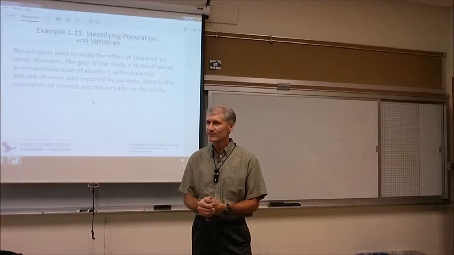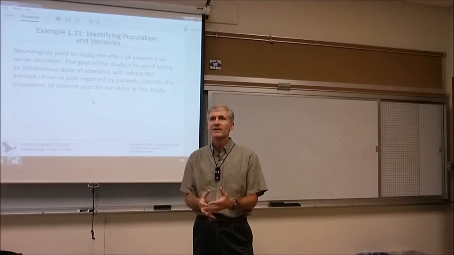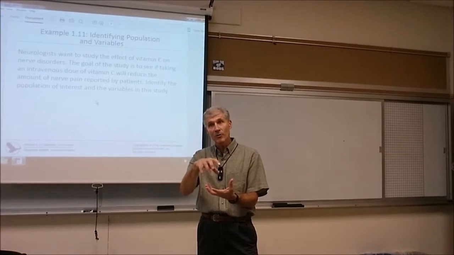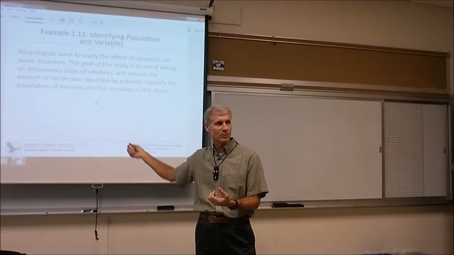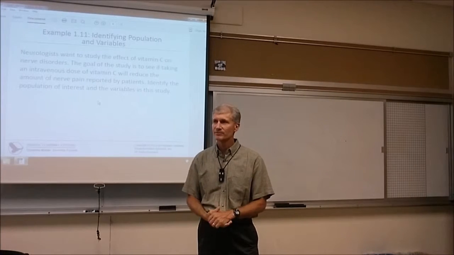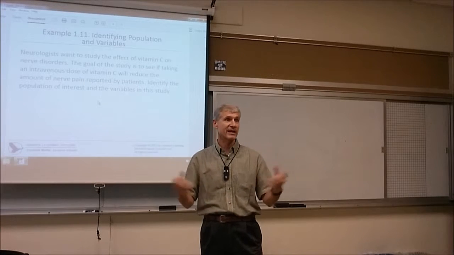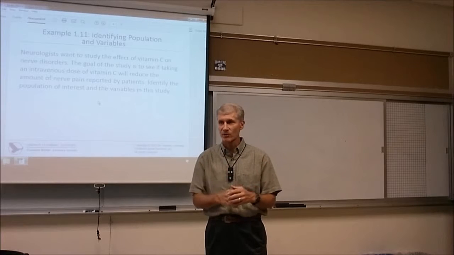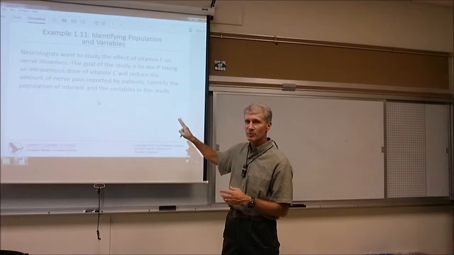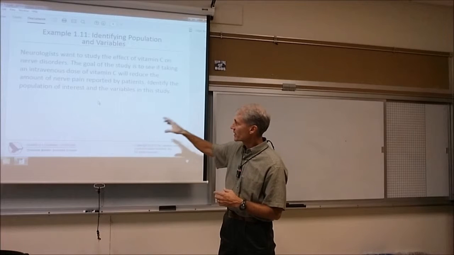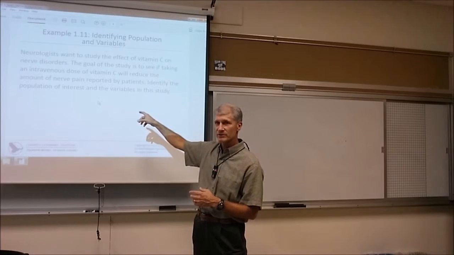Explanatory. What does that mean? To explain. It's a variable that we at least hope will explain how they respond. So what's our response variable? Nerve pain. We're going to have some kind of a pain scale that we say, please rate your pain or whatever. So our two most important variables are the explanatory variable of vitamin C dose and the response variable of nerve pain.